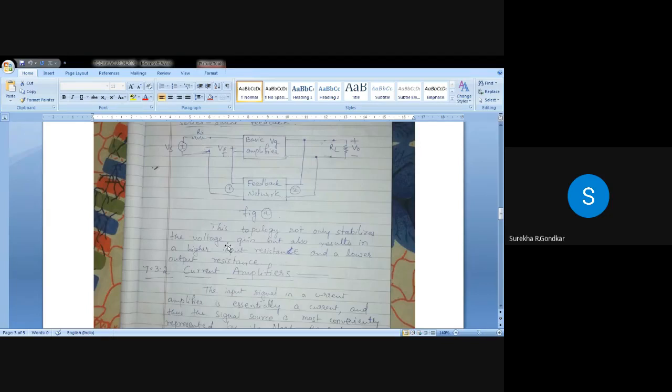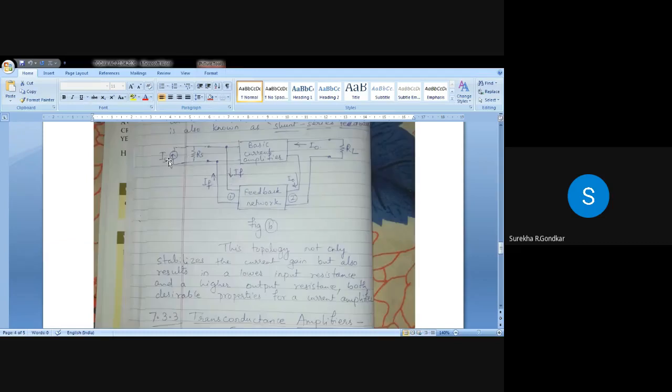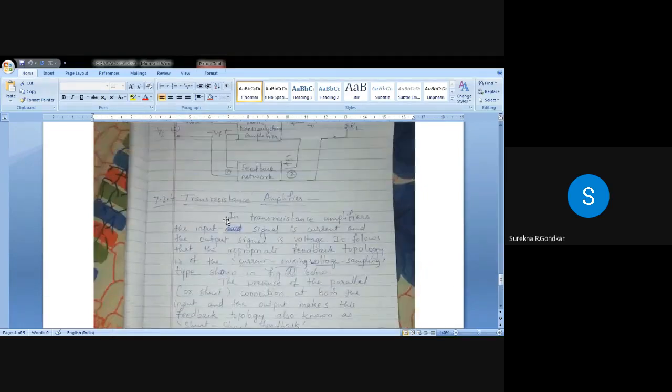And wherever you are adding the currents, it will always be shunt. So current mixing is always shunt. You can see here IS and IF are added, so it is a shunt connection. Similarly, for the last topology also we are mixing the currents at the input, so it is shunt. So voltage mixing is series, current mixing is shunt. So this you have to remember.